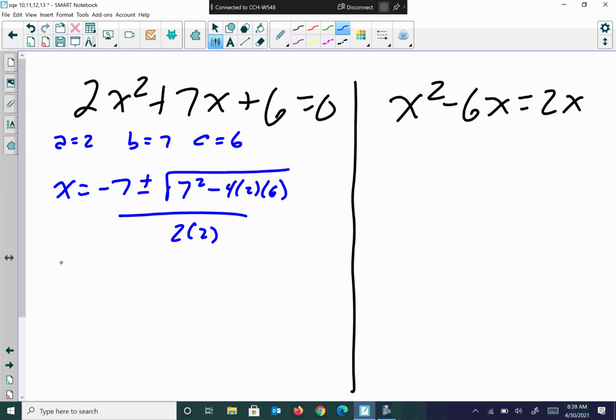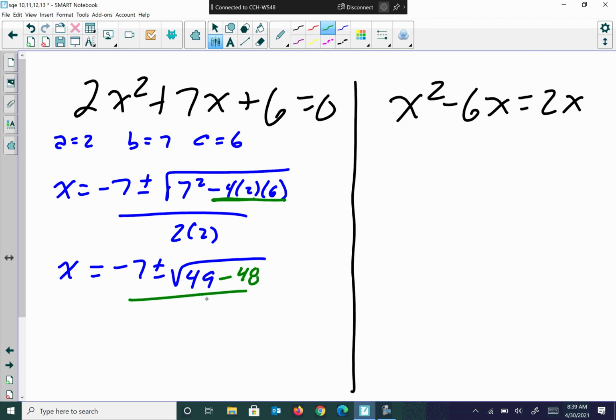All right, so I get this minus 49. Let's do the math. Negative 4 times 2 is negative 8. Negative 8 times 6 is negative 48. Hey, will that give me a real solution? Yeah, because 49 minus 48 is positive 1, right?